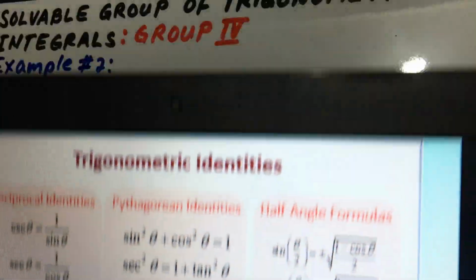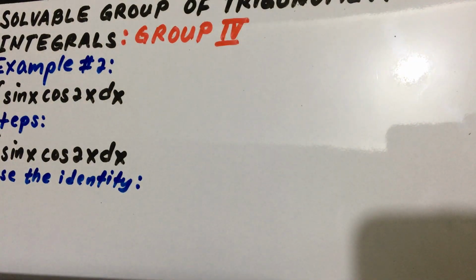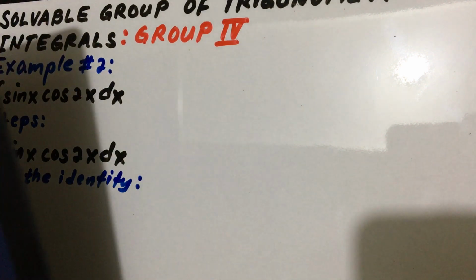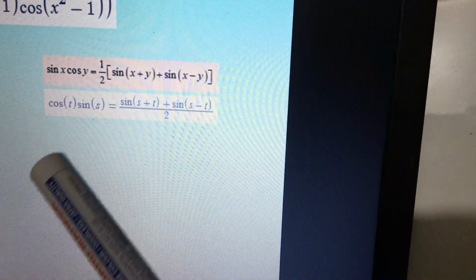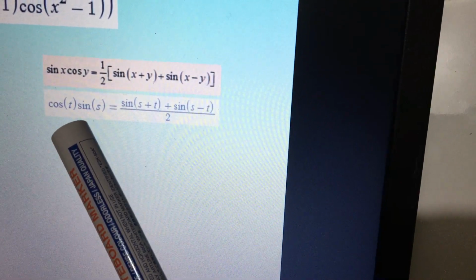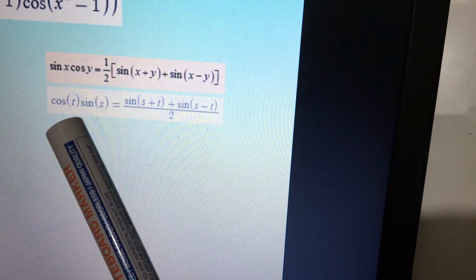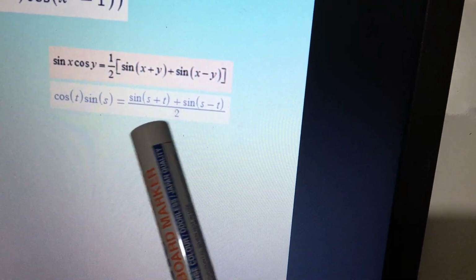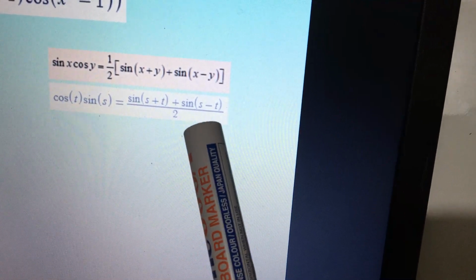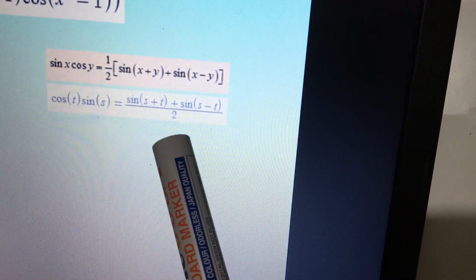In our previous example, we also used this formula: the product of cosine t and sine s equals the sine of s plus t plus the sine of s minus t, then divided by 2.